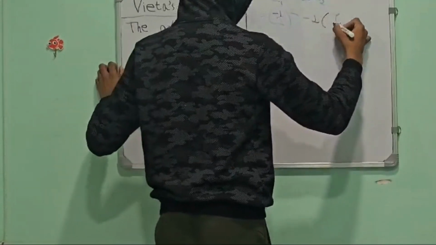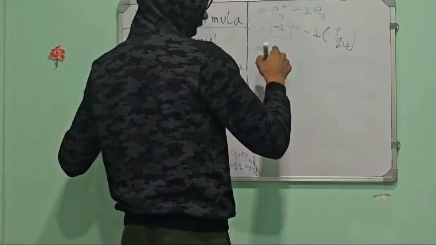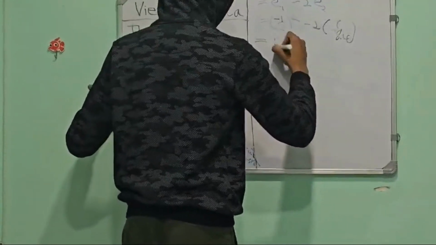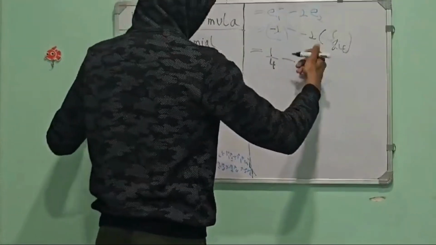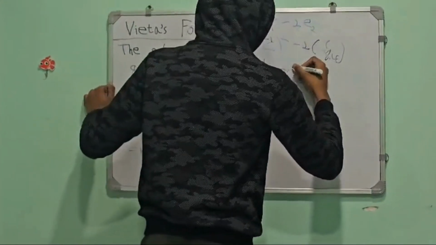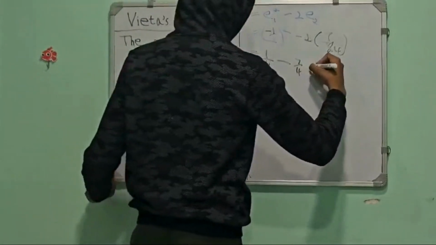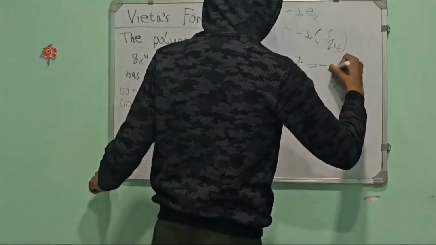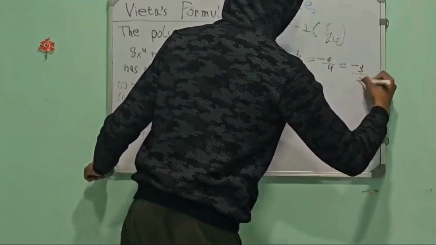So we can cancel this out. So our answer will be 1 upon 4, since minus 1 by 2 squared is 1 upon 4, minus 2 times 7 upon 8, which is 7 upon 4. So this is going to be minus 6 upon 4, which is minus 3 upon 2.